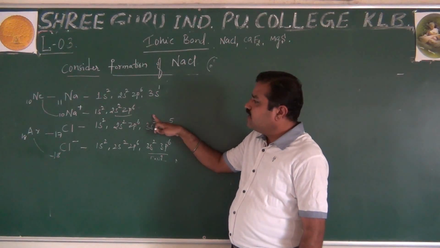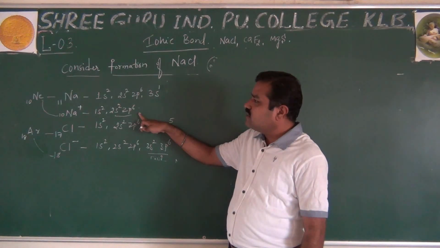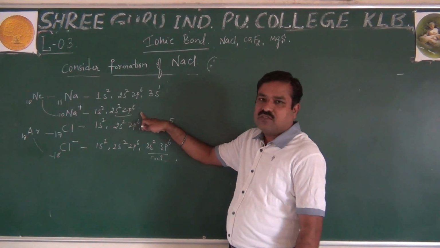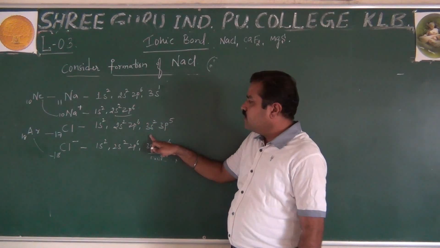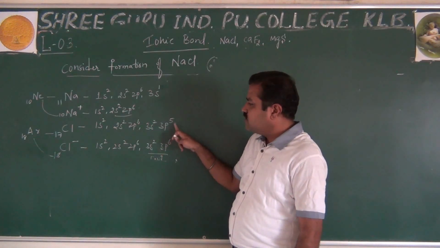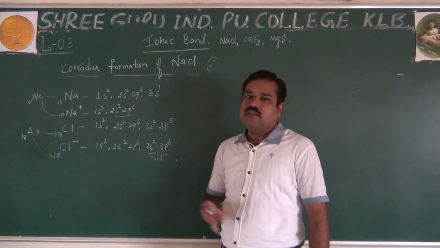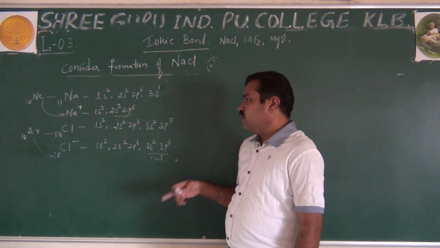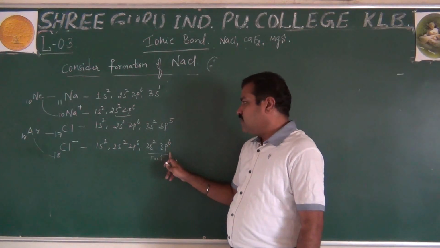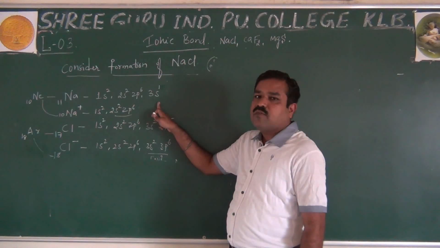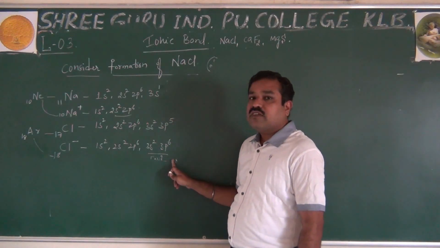Then after losing one electron, it acquires the nearest noble gas configuration. Then chlorine, ground state: 1s2, 2s2, 2p6, 3s2, 3p5, because atomic number is 17. And when sodium donates, chlorine accepts. Why? Because sodium is electropositive and chlorine is electronegative.